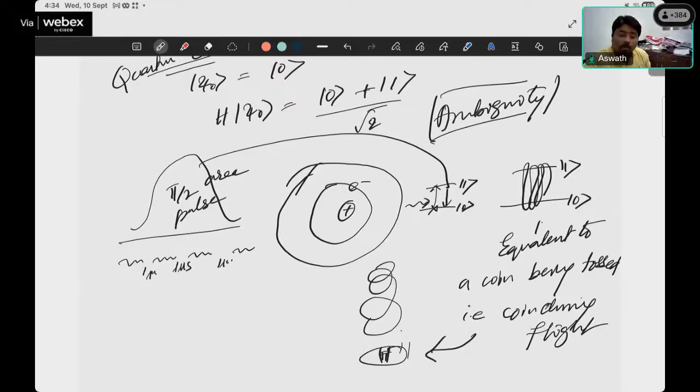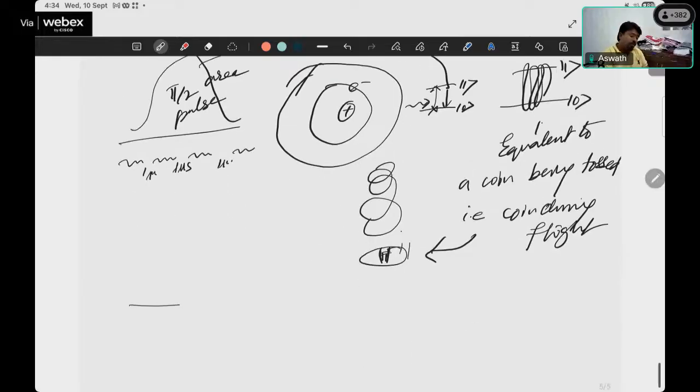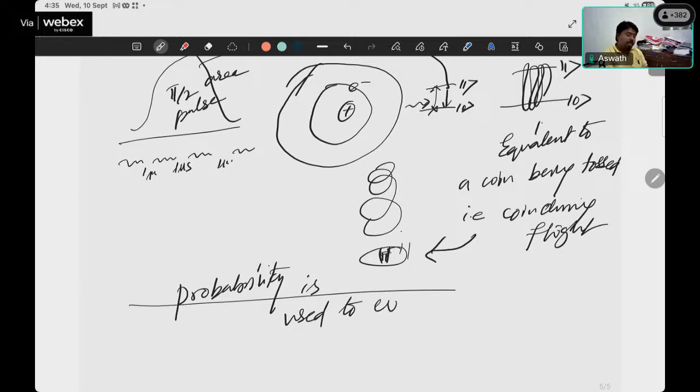There is a confusion. Why is there a confusion? Because the system is like that. So the best way to explain that is using probability. Probability is used to explain. That is the difference. I hope I answered that question. That is the difference between superposition in classical and quantum.